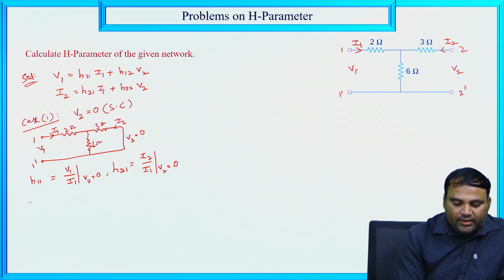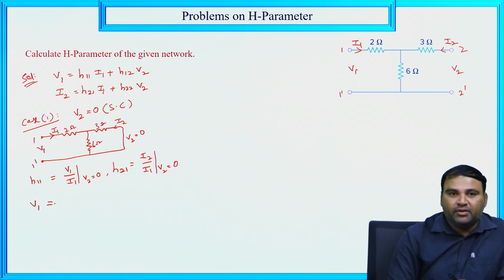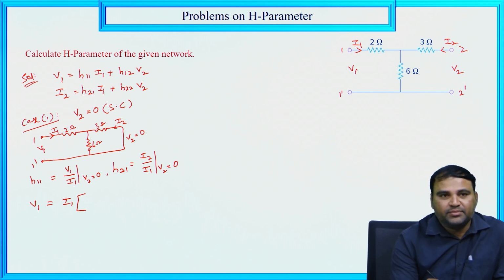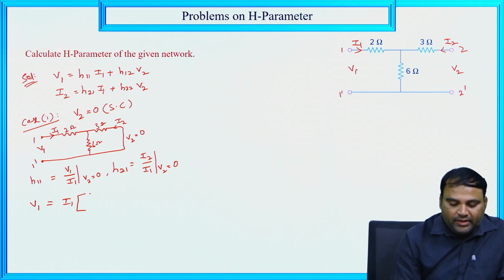So here calculate the total voltage V1. So V1 is equal to I1 into total resistance. So total resistance means 3 and 6 are parallel. This parallel combination is in series with 2. So here, 3 into 6, 18 by 9, 6 plus 3, 9, plus 2.